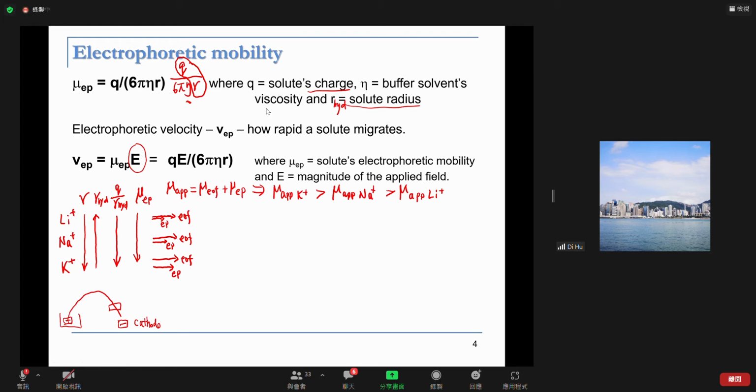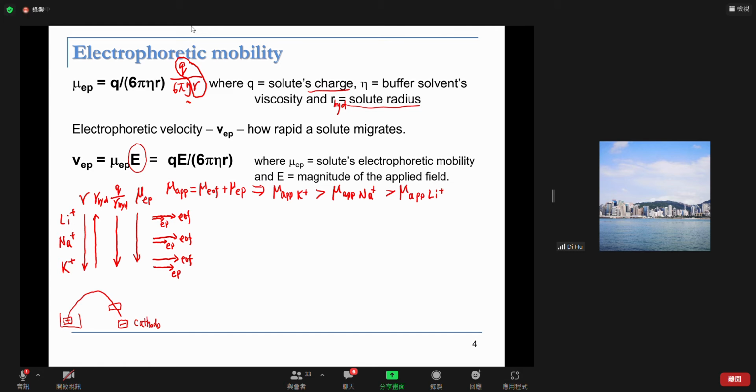So potassium is running fastest because it has a larger EP. EOF is the same for everyone. EOF just carries everyone away, just guarantees they can go to the end, okay? But EP differentiates them. The one with the larger positive charge density travels fastest. The one with the smaller charge density travels slower, right?